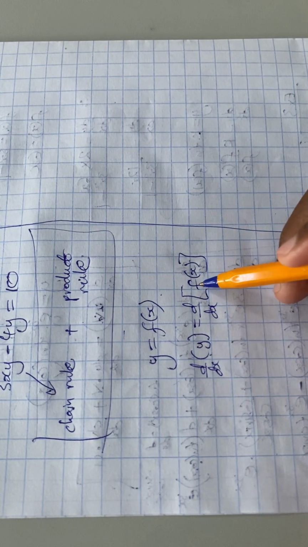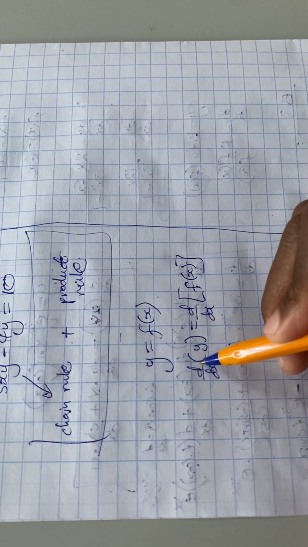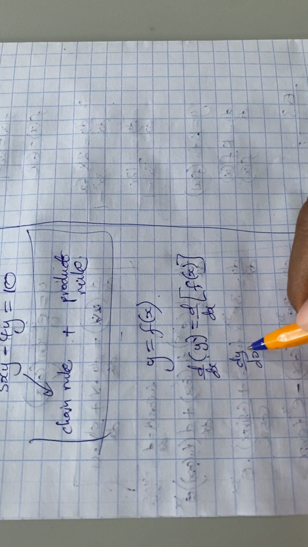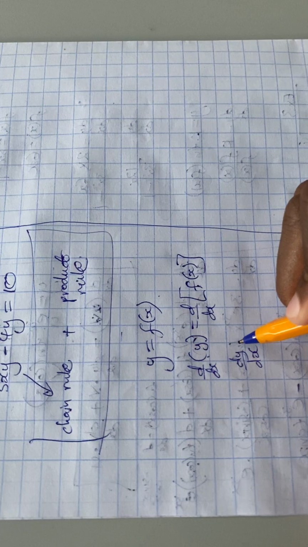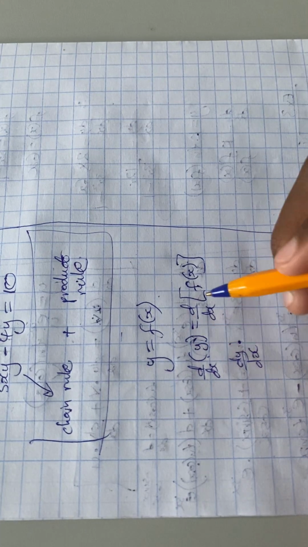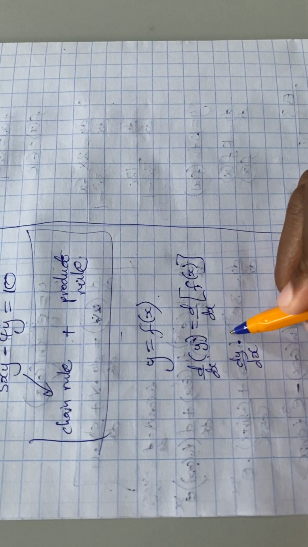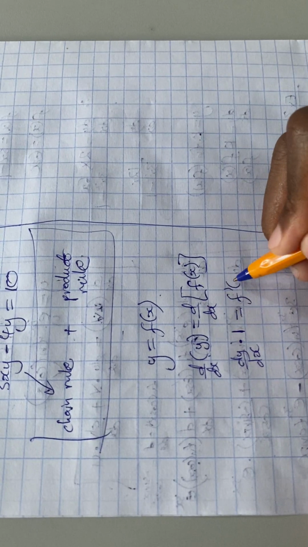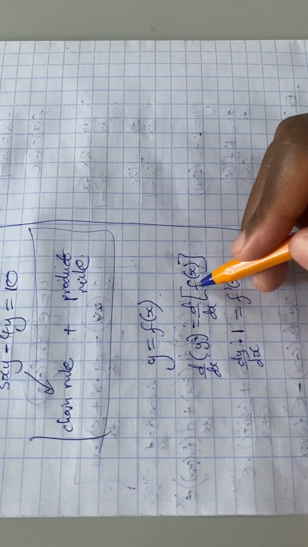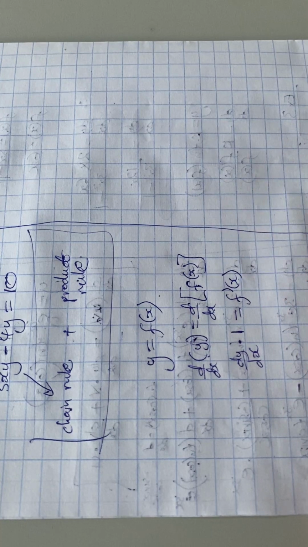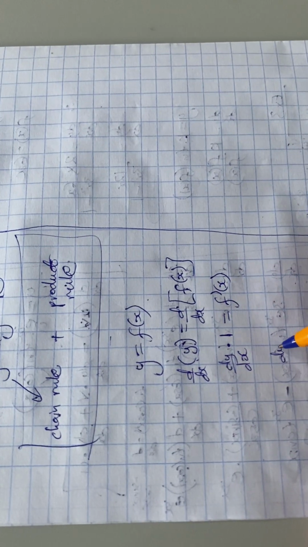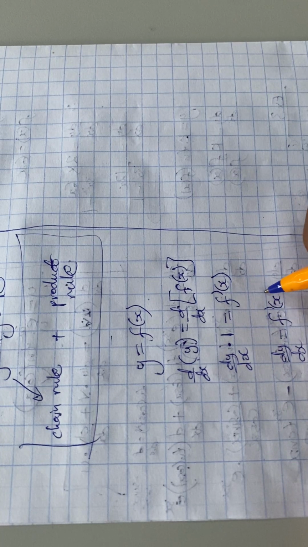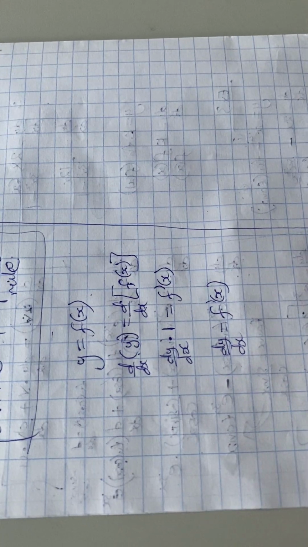We're differentiating both sides. So the first derivative of y is going to be dy/dx times the first derivative of y, which is 1, which is equal to f dash of x, because the first derivative of f of x is just f dash of x. And this is equal to dy/dx is equal to f dash of x. I'm just proving the notation.